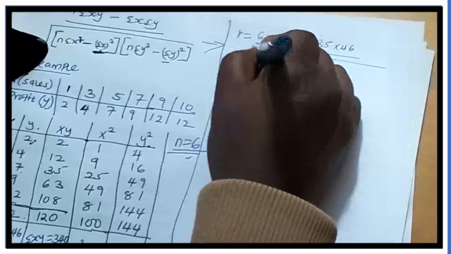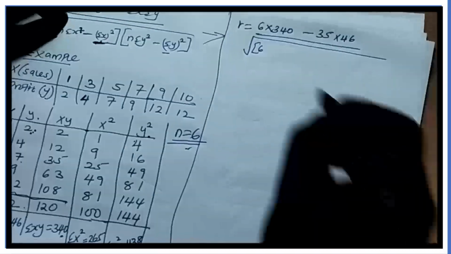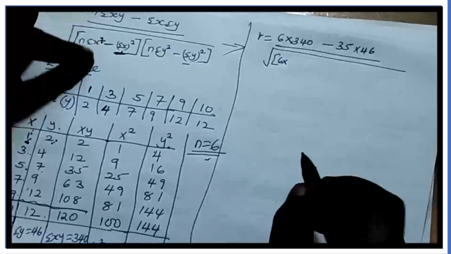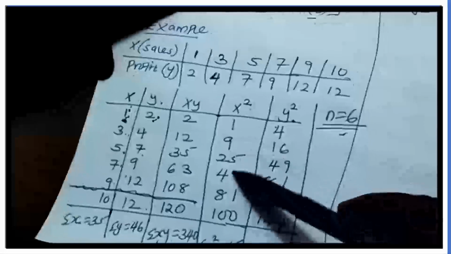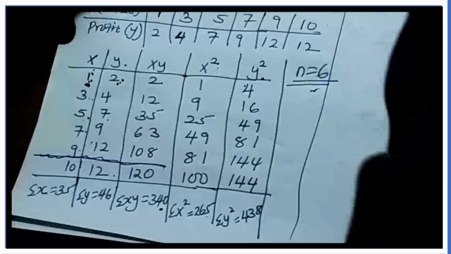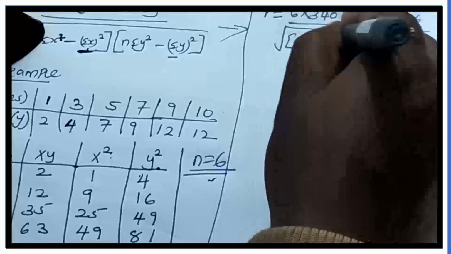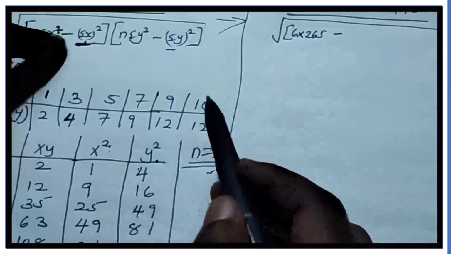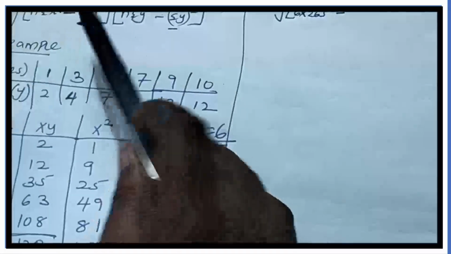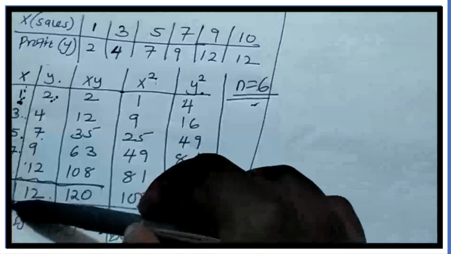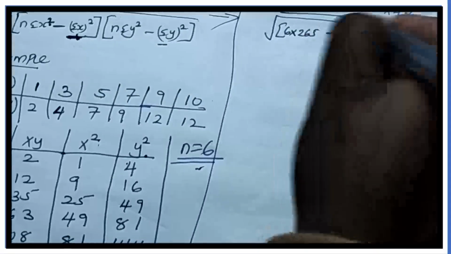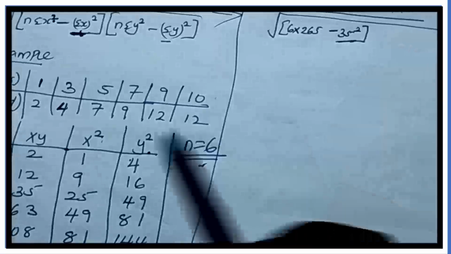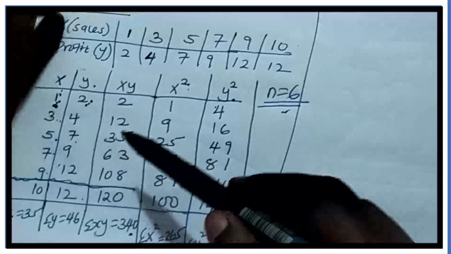So n again is 6 times summation of x squared. Pay attention that the summation of x squared is the total of the x squared column, which is 265, minus the summation of x, which is 35, that we are squaring. This is key, that it is summation of x that we are squaring.